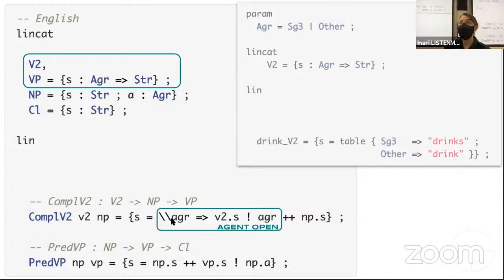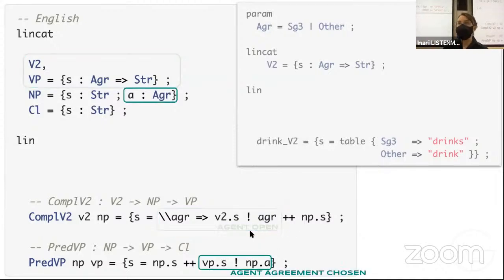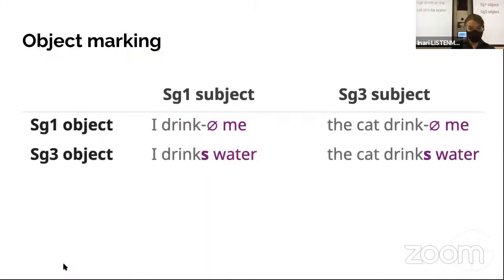And then we see that when we build a verb phrase from a verb and this object, it just keeps the inflection table and puts the string there. So the agent is kept open, and then it's only chosen when we add the agent, the doer argument. So this is ordinary English. You've probably seen GF grammars like this before.